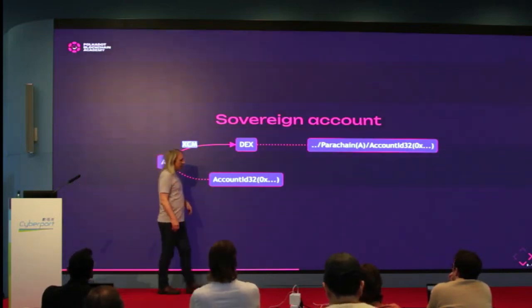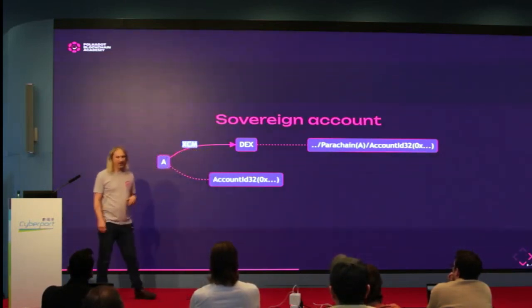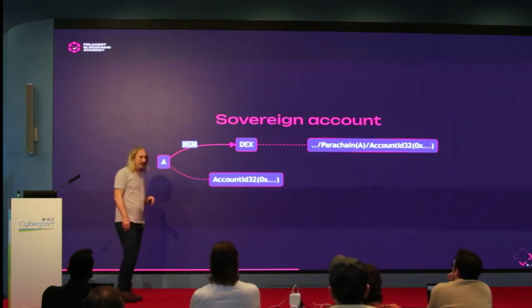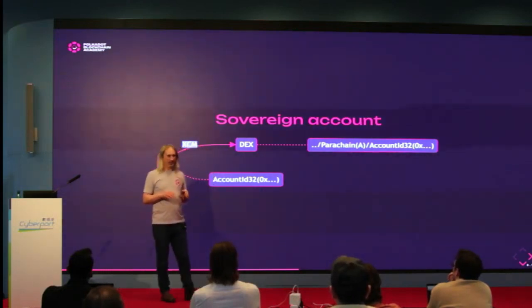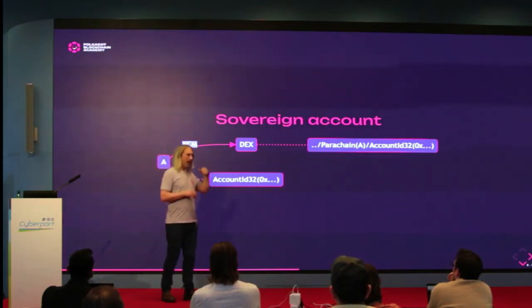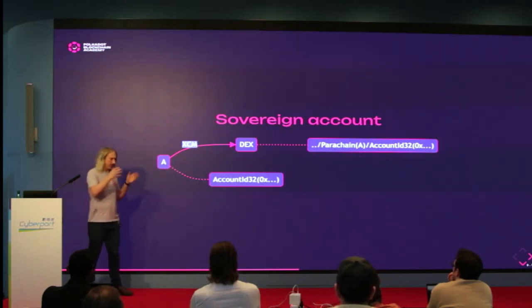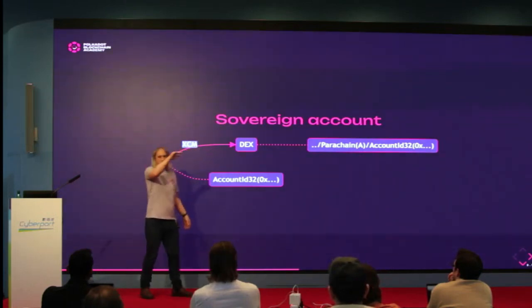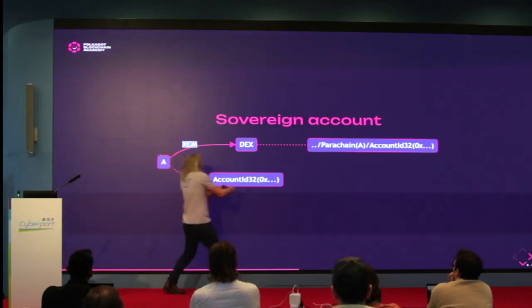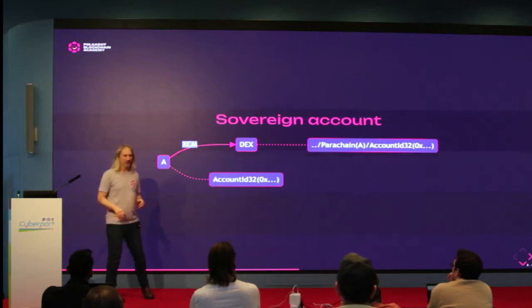the entire XCM program is prepended with a descend junction instruction. So what happens is, before anything can happen, it takes the origin and it just pops this account ID 32 junction on the end of it.